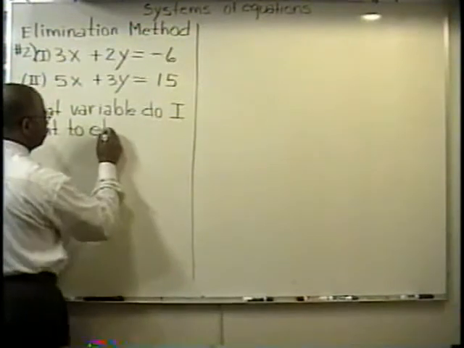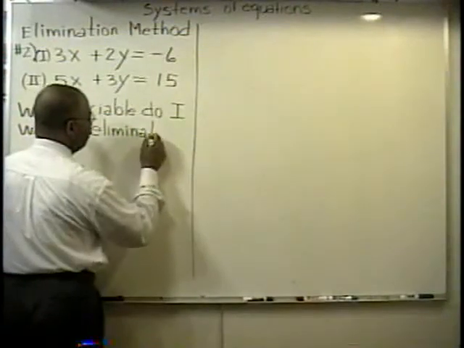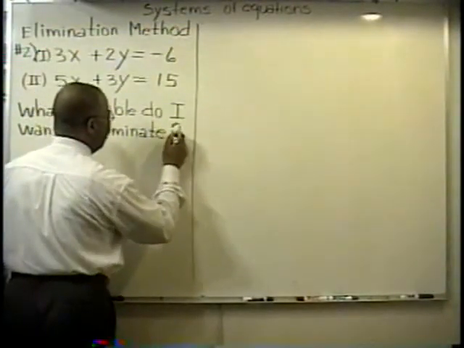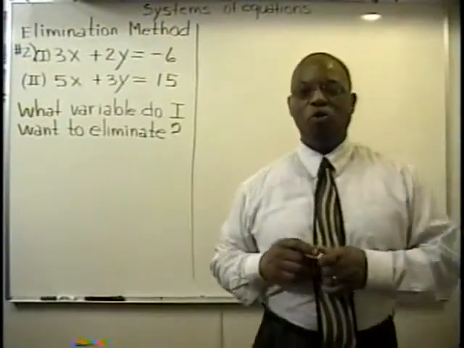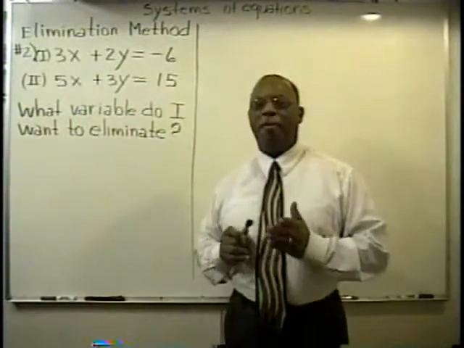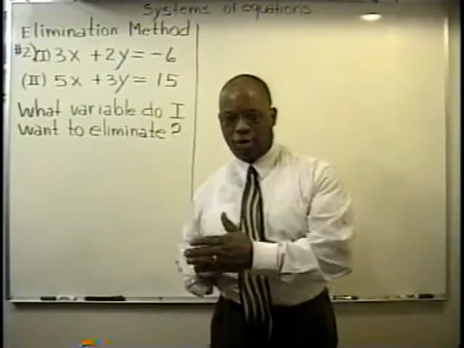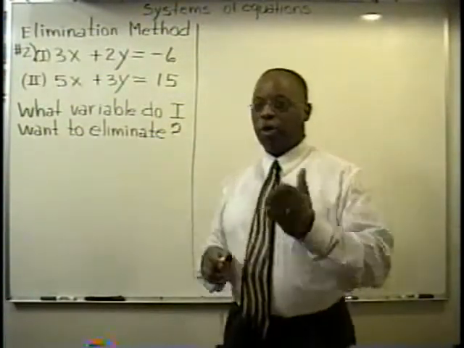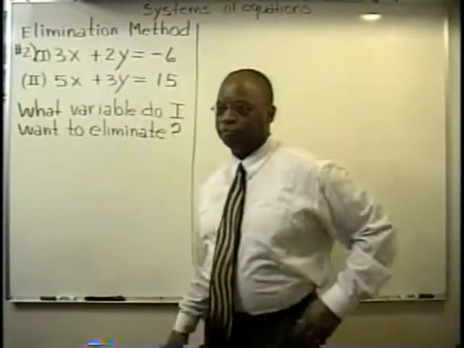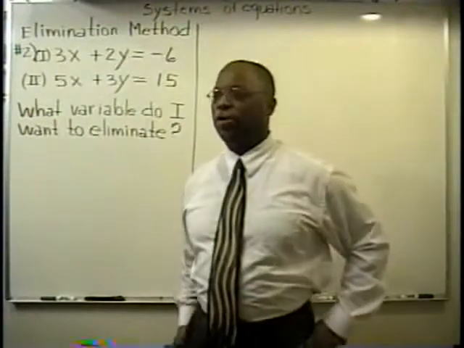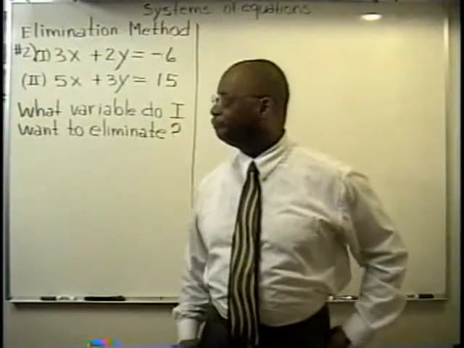Because I need to get an equation that has only one variable so I can get a value of that, and then come back and use substitution, putting that value back into one of the other equations to find the value of the other coordinate of the point. So, in this case, what variable do you want to eliminate?